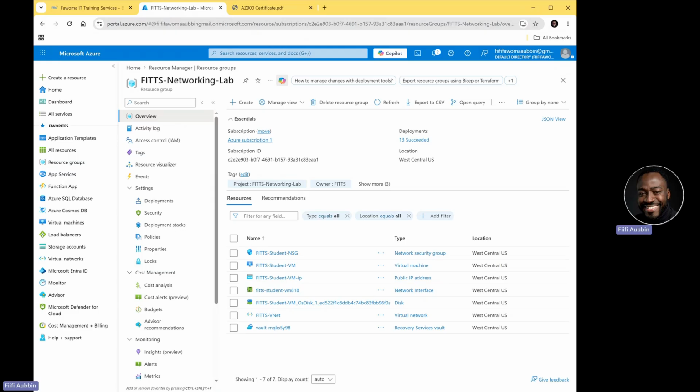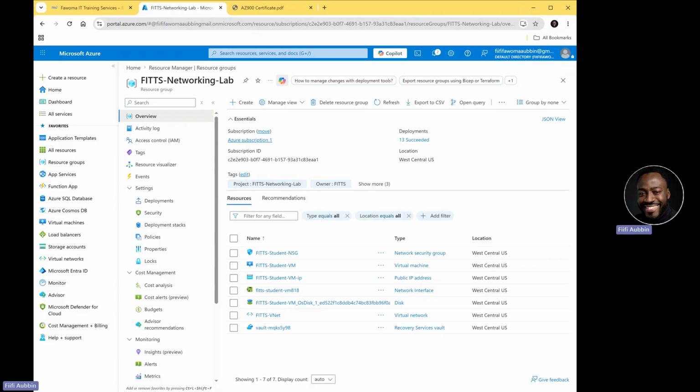And resource groups help organize related Azure resources for easier management. And subscriptions define billing and management boundaries. Management groups allow organizations to manage multiple subscriptions together. And these relationships are tested regularly in the AZ-900 certification exam.